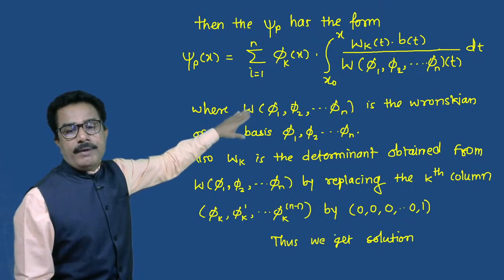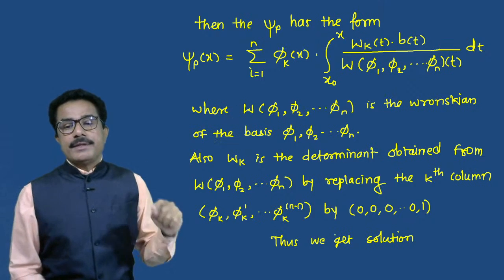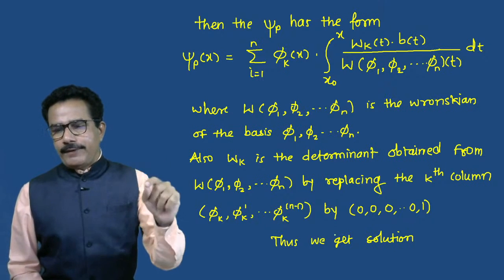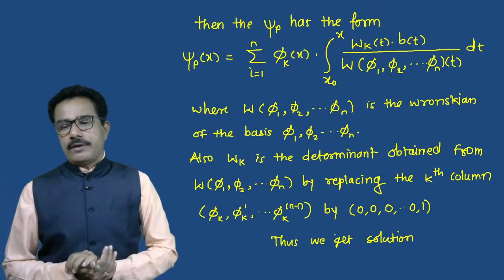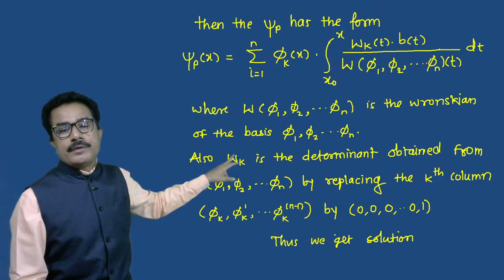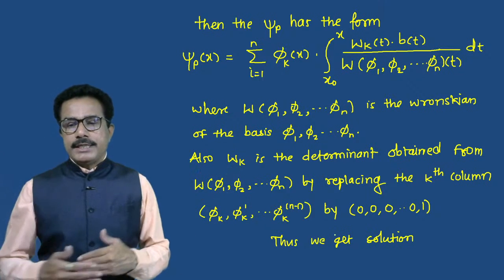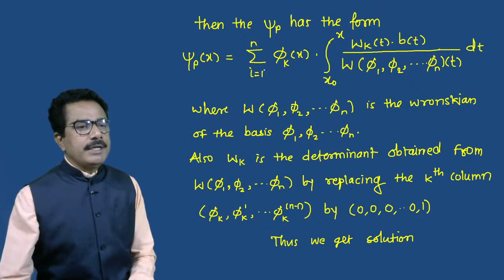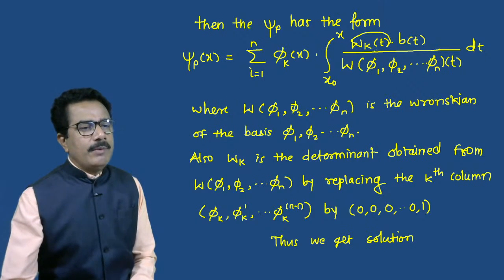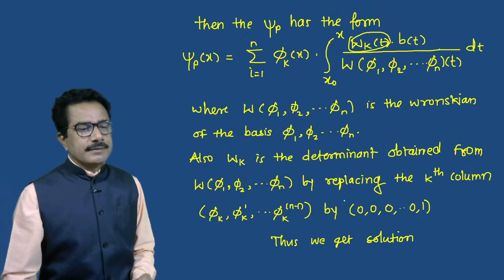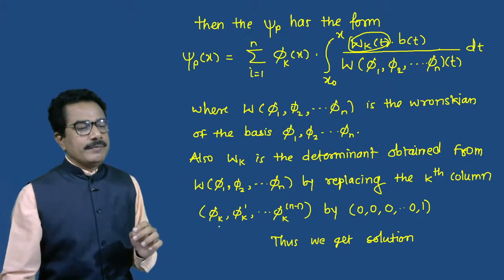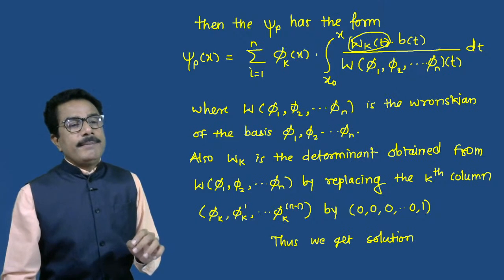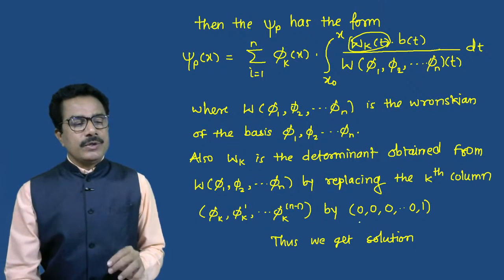Here the Wronskian of phi 1, phi 2, ..., phi n is the Wronskian of the basis phi 1, phi 2, phi 3, ..., phi n. Also Wk is the determinant obtained from the Wronskian by replacing the kth column, phi 1, phi k', and so on, by 0, 0, 0, 1.